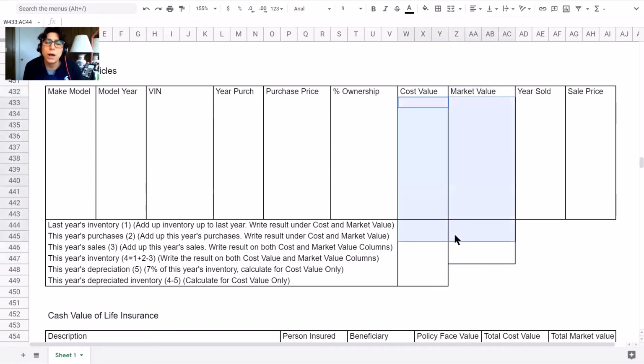Then why use two numbers? We use both values, or we ask for both values, so that you can make the most out of your analysis. There is space to enter both the cost value and the market value in the worksheet.